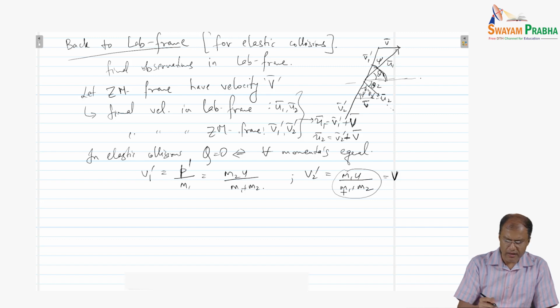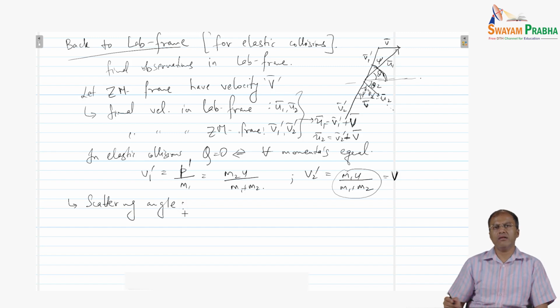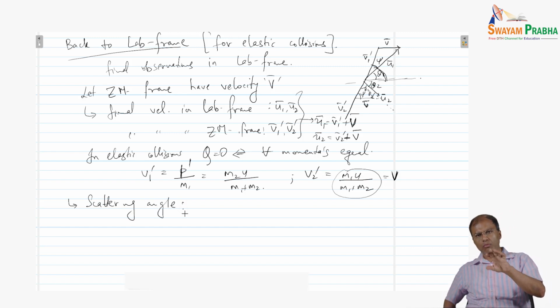Okay, so from here we can find the formula for the scattering angle. What we are doing here is using our zero momentum frame setup, where the calculations are relatively simple, and trying to find the formulas for the various quantities after collision, like the scattering angle, recoil angle, and so on, in the lab frame, right?